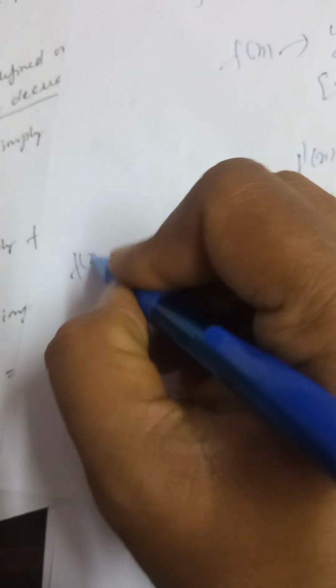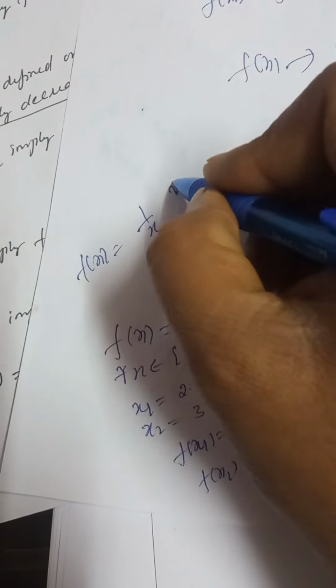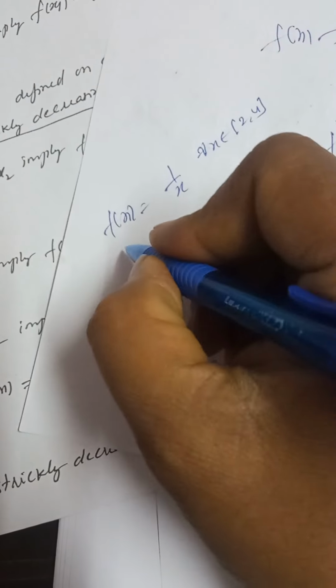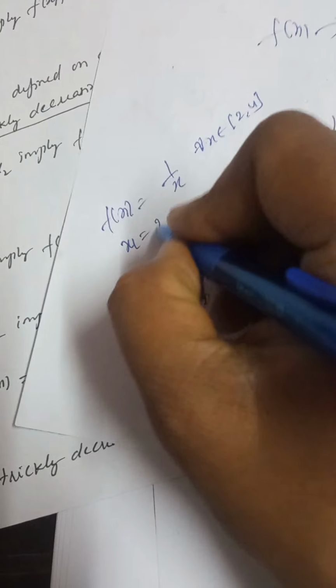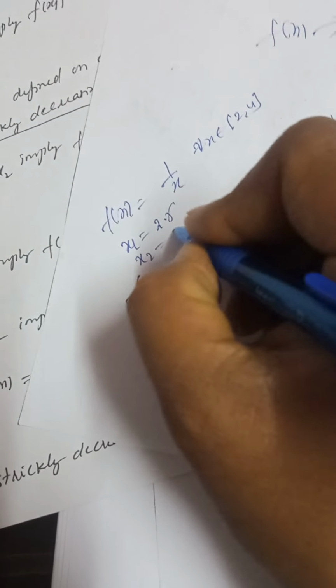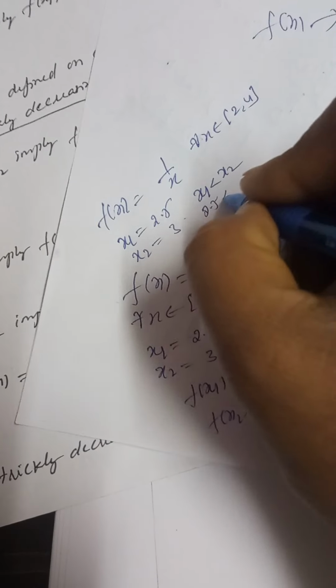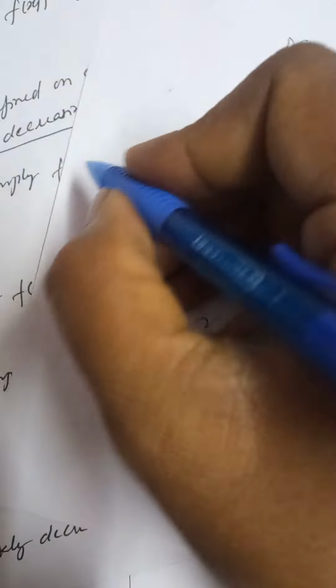You can take the same example for this one. f of x is equal to 1 by x for all x belonging to (2, 4). If you want, x1 is equal to 2.5 again, x2 is equal to 3. Here x1 is less than x2, no? Yes, 2.5 is less than 3. Now calculate f of x1, 1 by 2.5, and f of x2, 1 by 3.